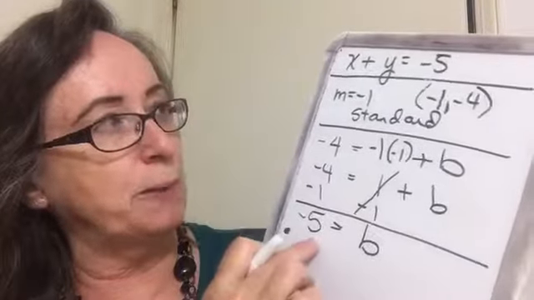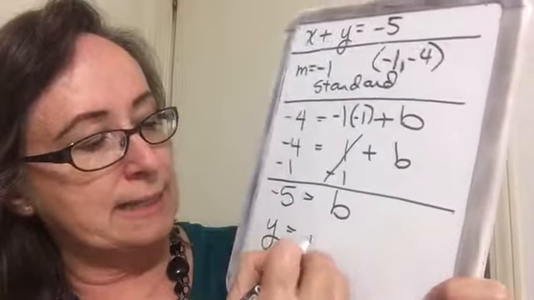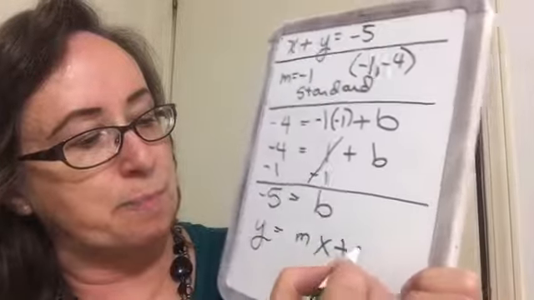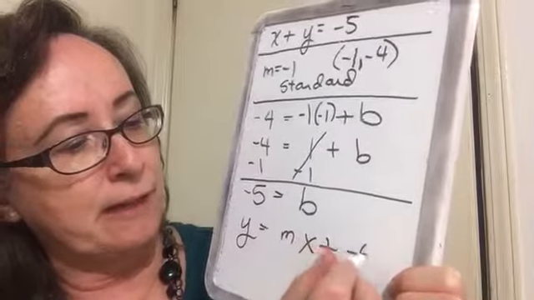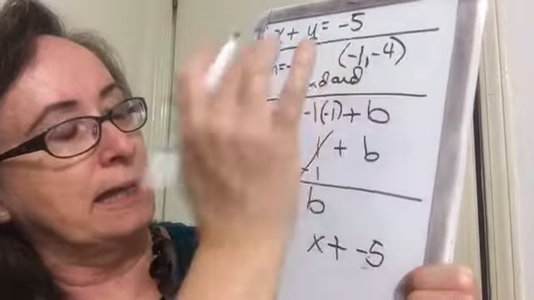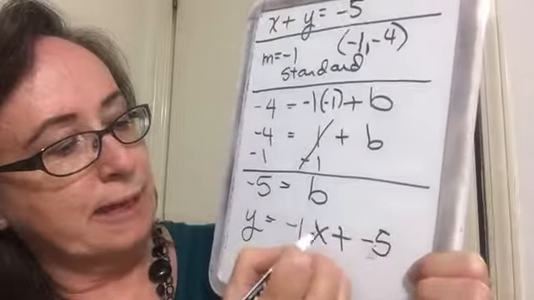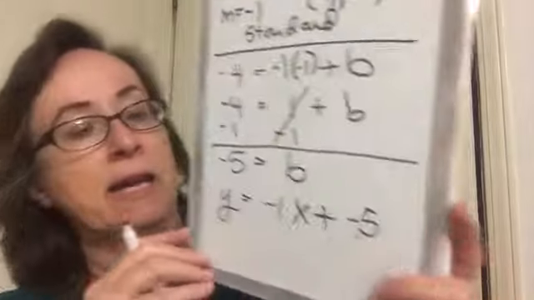So now I can go put this back into the slope-intercept form. Y is mx plus b. And instead of the b, I'm going to plug in the -5. And instead of the slope, I'm going to plug in the -1. And that is the slope-intercept form of my desired line.